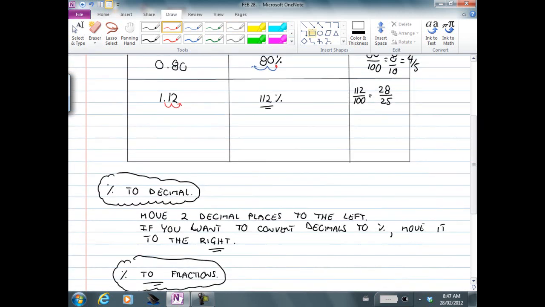Okay. Try this one. Let's say I calculated your exam and someone in here got 80.5%. Tell me what they got as a decimal and what they got as a fraction.